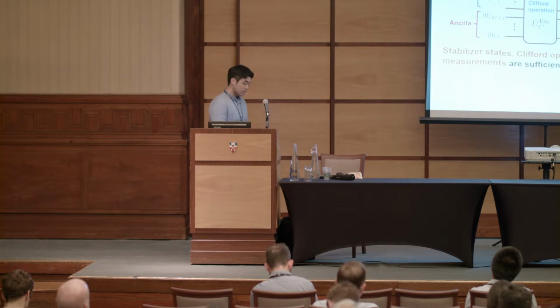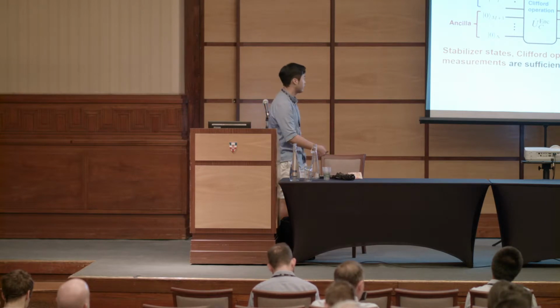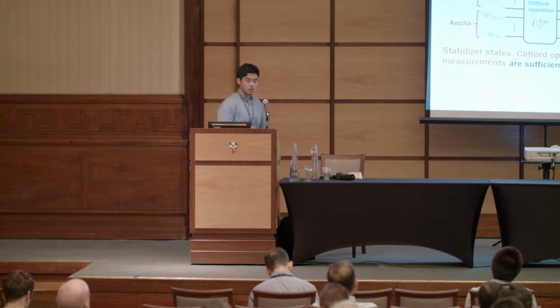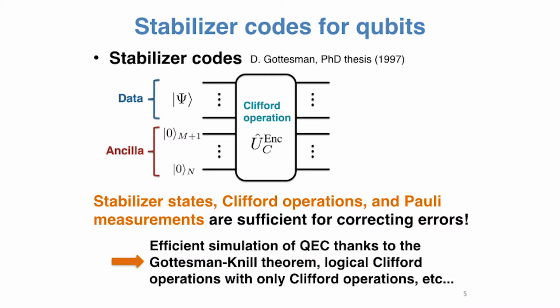This turned out to be a really nice framework for defining an error correcting code, because unless we want to implement some non-Clifford gate, if we just want to correct errors, it turns out that stabilizer states, Clifford operations and Pauli measurements are sufficient to correct some relevant errors.